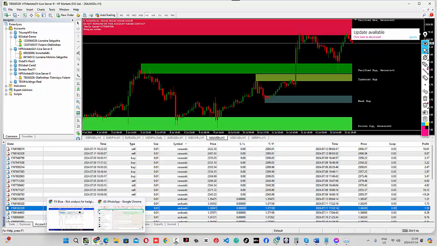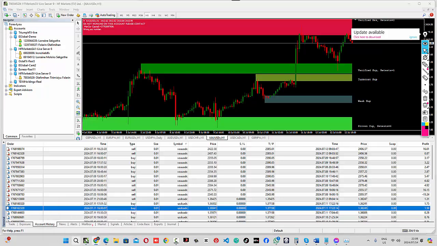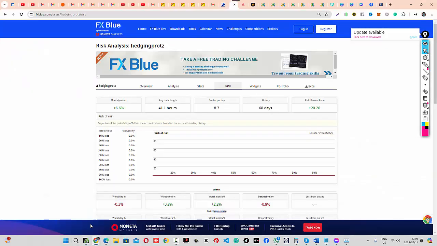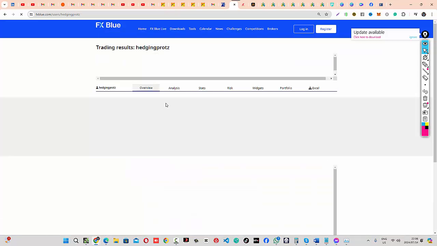And let me see what else I can say about this account. I think I've talked about risk, which is 0% that you can blow the account with this robot. It's 0%, and I've talked about the overview.